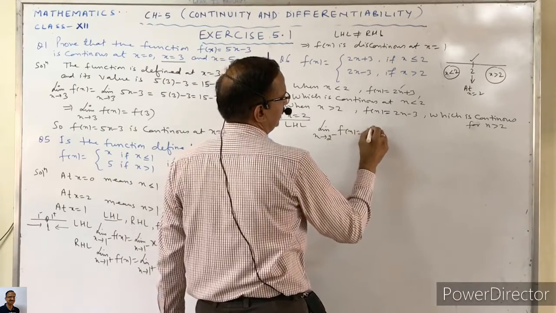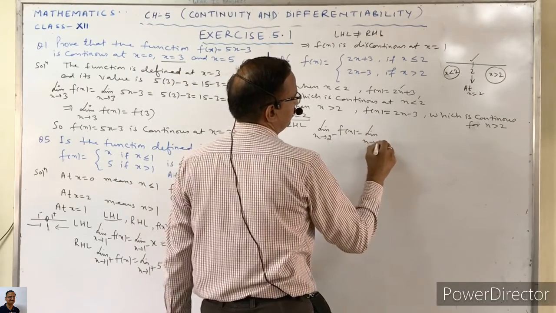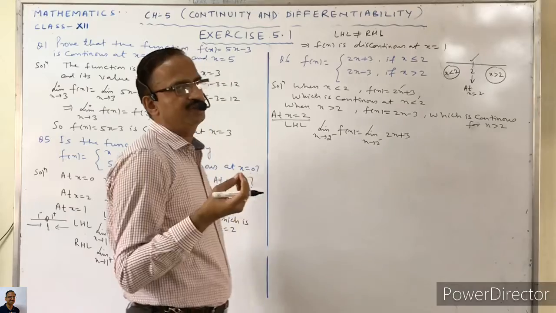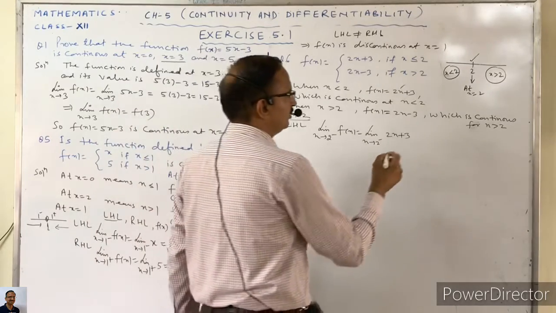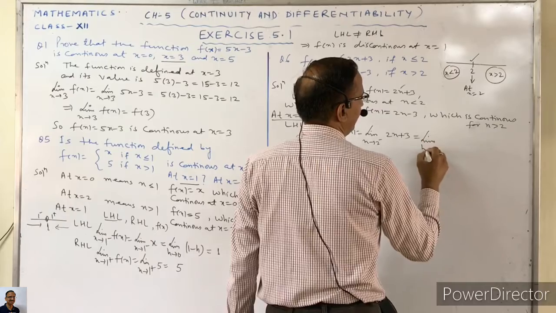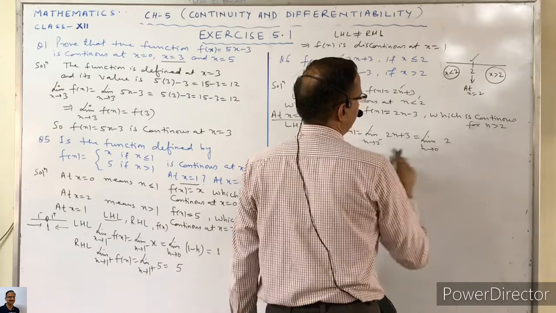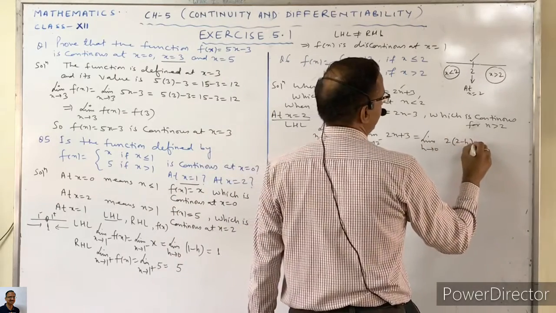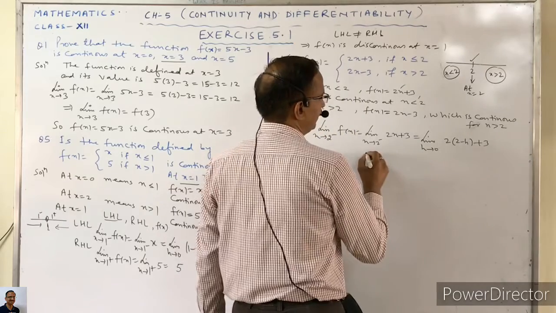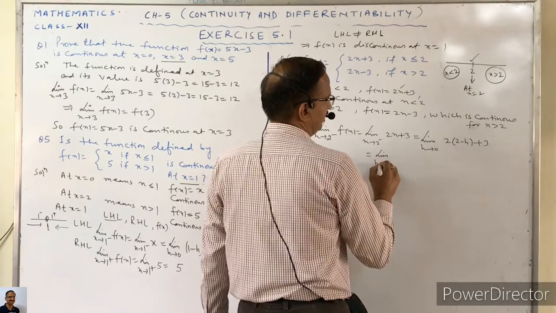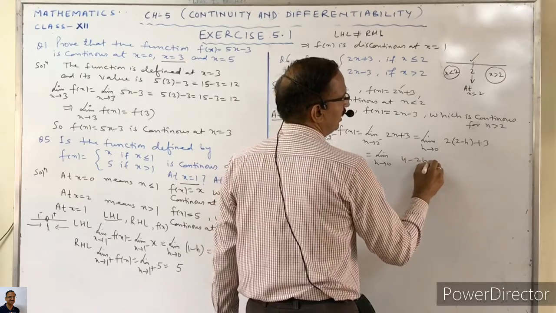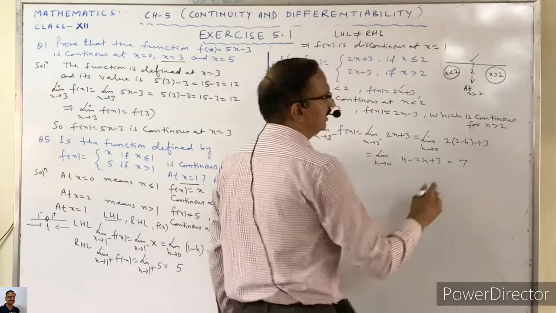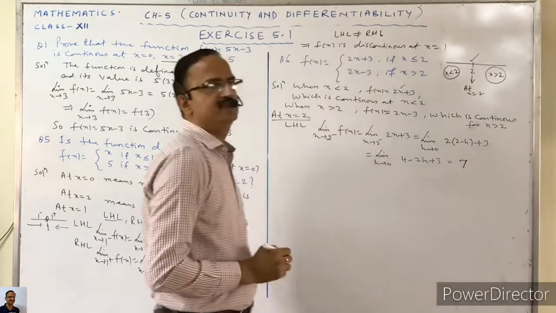So limit x tends to 2 minus of 2x plus 3. The small quantity that we are subtracting from 2 is h. So limit h tends to 0, and in place of x we write 2 minus h: 2(2 minus h) plus 3. When we simplify, we get limit h tends to 0 of 4 minus 2h plus 3. When we put h equals 0, the answer is 7. It means the left hand limit is 7.